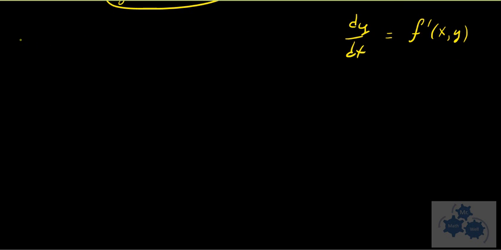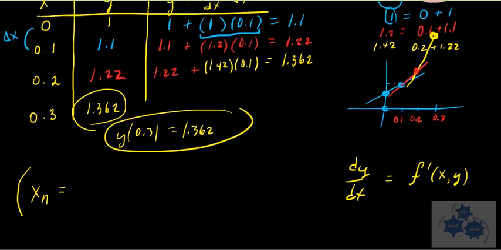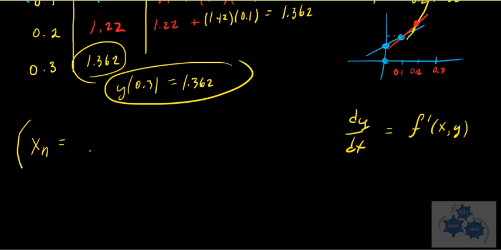We are generating x, y points, where the last point, the x value that you want to end up with, the last one in our chart up here, is going to come from taking the x value just before that, x sub n minus 1, plus delta x. That's how you get your x value for any row in this table.